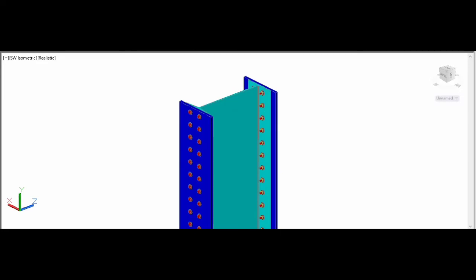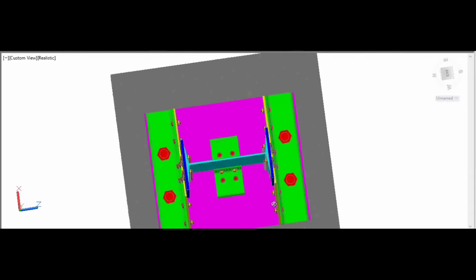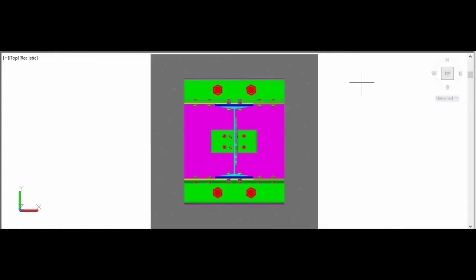Now this is a built-up column with cover plates on either side of the flange. This is the top view of the section. Now we are interested only in the compression members. Let us have a view on the compression members. Let us temporarily forget about all other components that you see here.